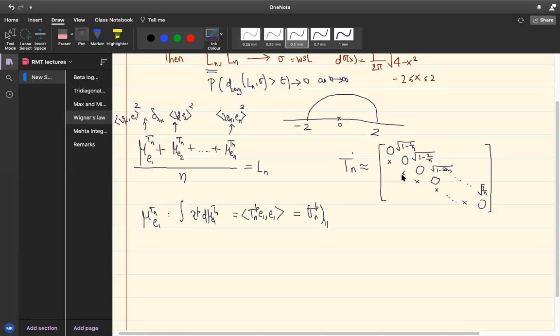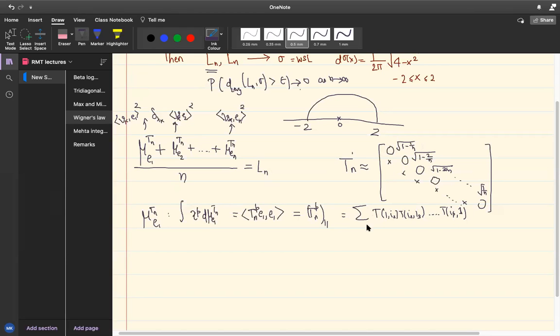But you see, when you take that, this can be written as a sum of T(1, i_2) T(i_2, i_3) and so on up to T(i_p, 1).